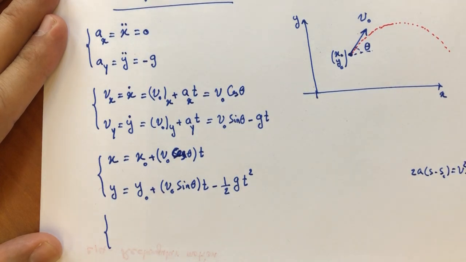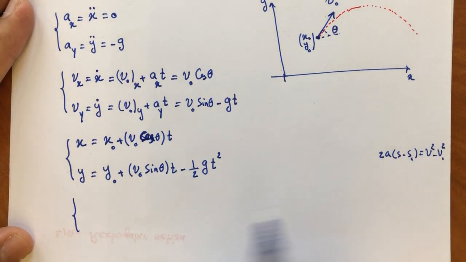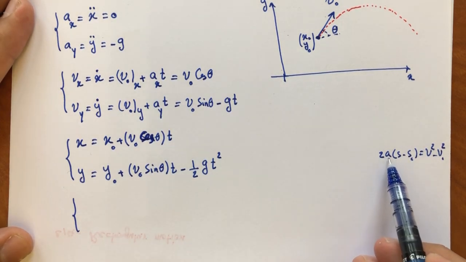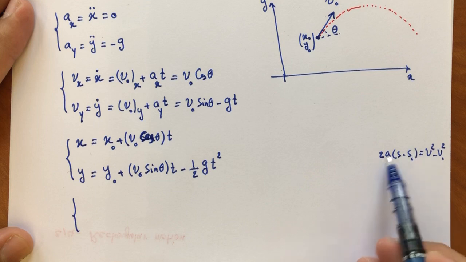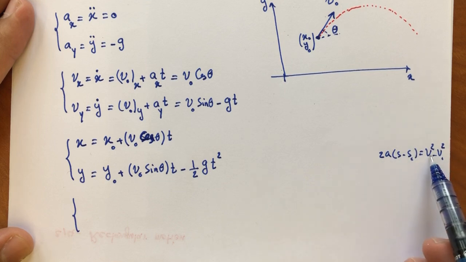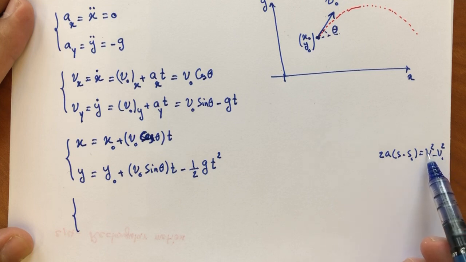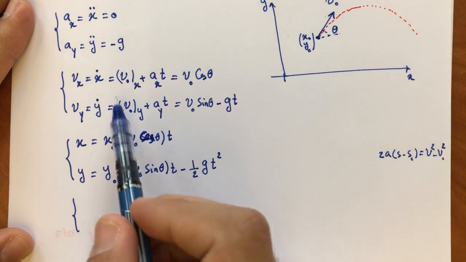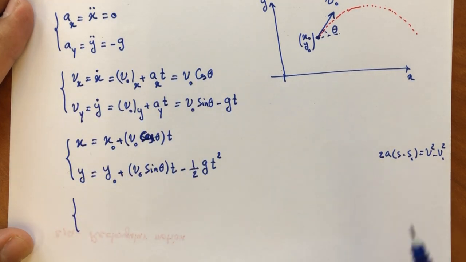Now if I write it for the x direction, 2 times acceleration in the x direction, which is 0, times displacement, so 0 times anything is 0. Velocity squared minus initial velocity in the x direction squared is going to be equal to 0, which means velocity is not going to change, which we showed here too, right? So that's not really useful for the x direction.